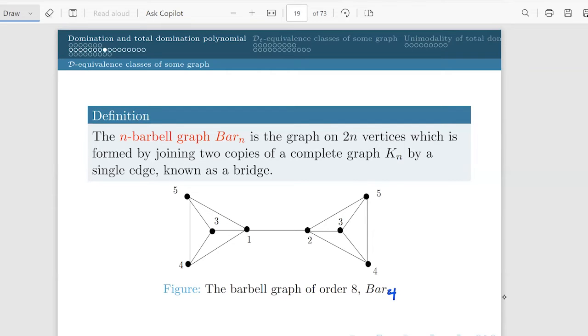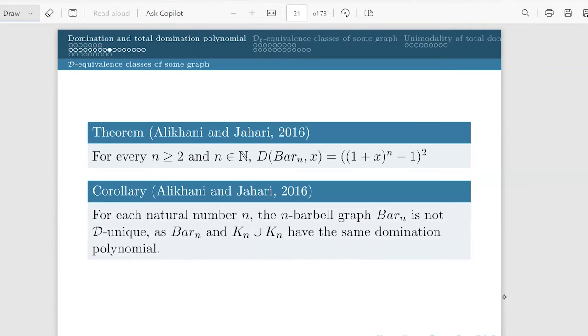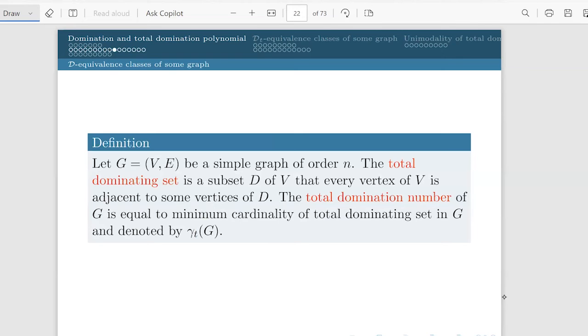And you see the domination polynomial of the barbell graph is obtained by this formula, and so this graph is also not unique.